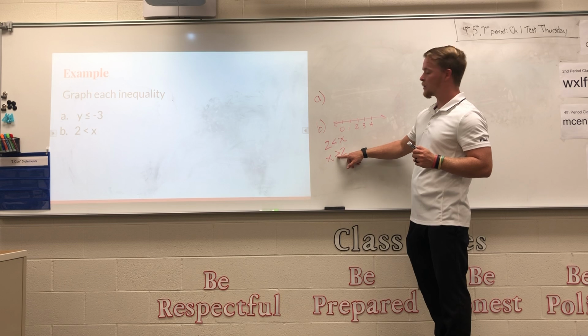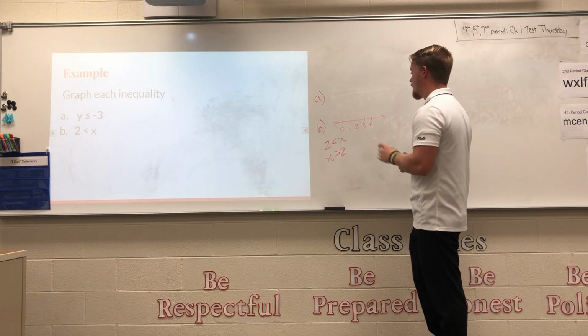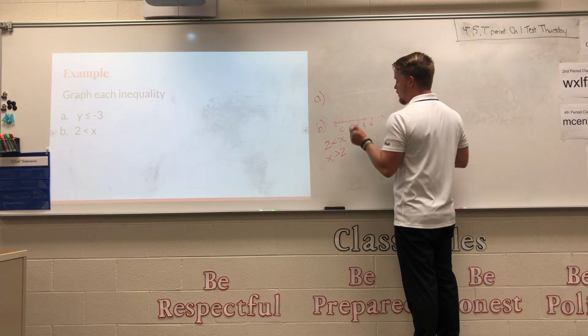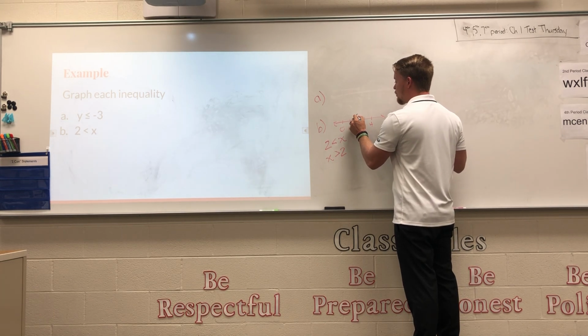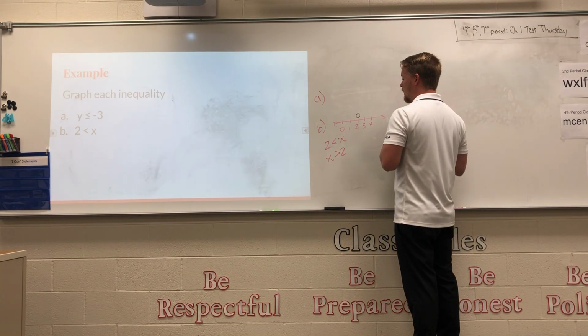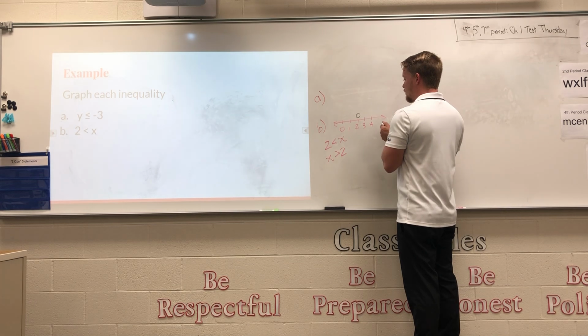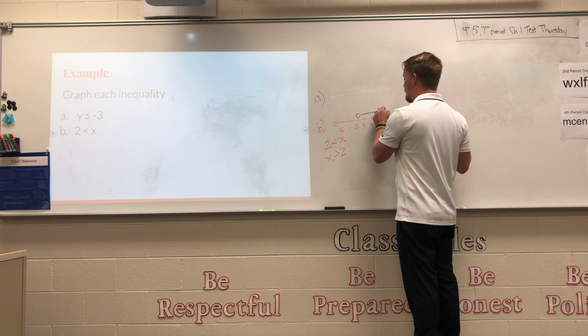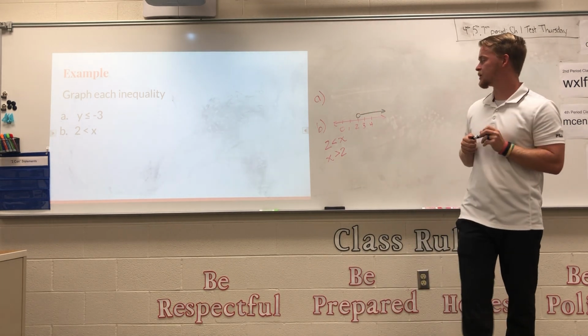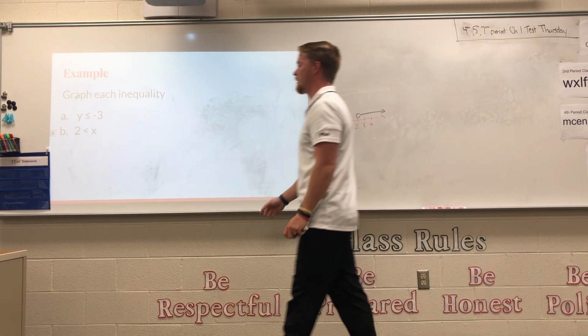Remember, if it's not or equal to, if it's just greater than or less than, it's an open circle. So on 2, I'm making an open circle. That's what an open circle looks like. I didn't fill it in with color. Greater than 2 means I'm going to the right. So that's your answer for part B: an open circle on 2 with a line going to the right.